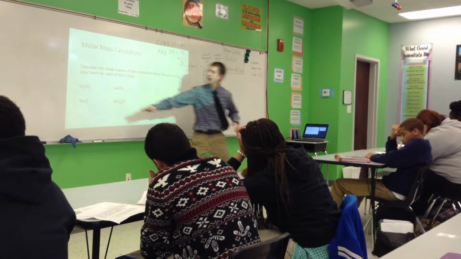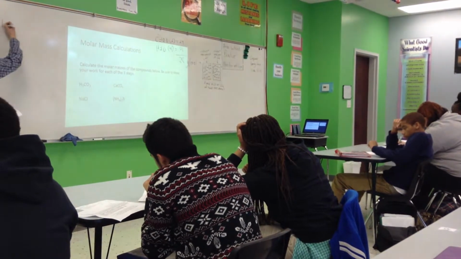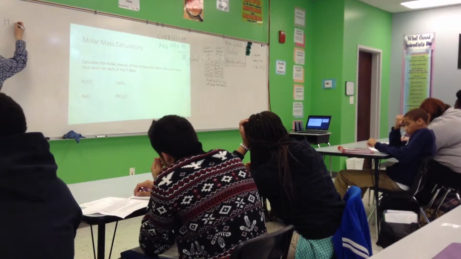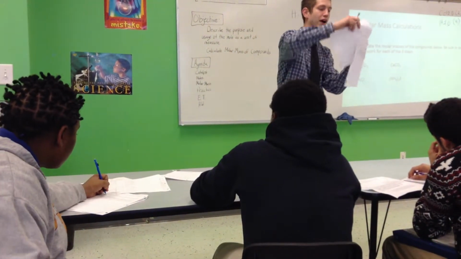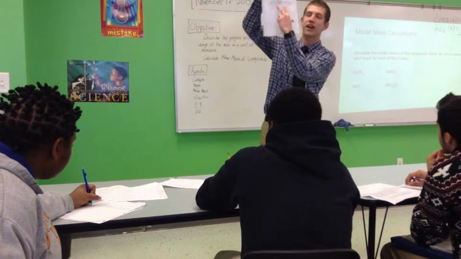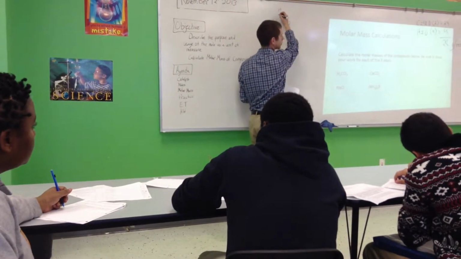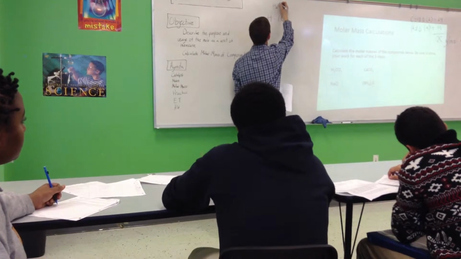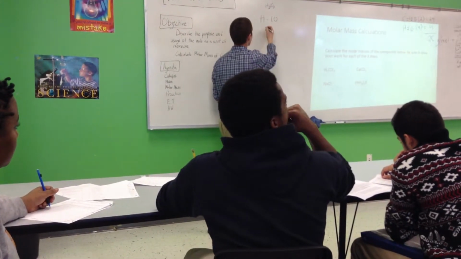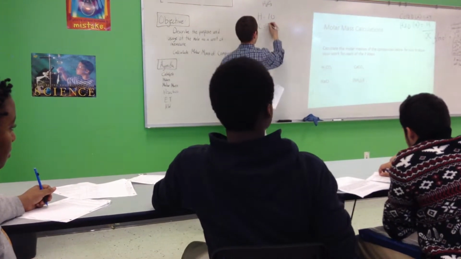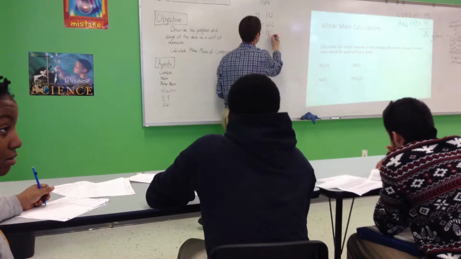So H2CO3. What would be our molar mass of H? 1.0. Very good. And you guys can write this in the bottom part of the notes here where we have this large empty space. So this is for H2CO3. For hydrogen we have 1.0. What about for carbon? What's its molar mass? 12.0. And oxygen's is 16.0.